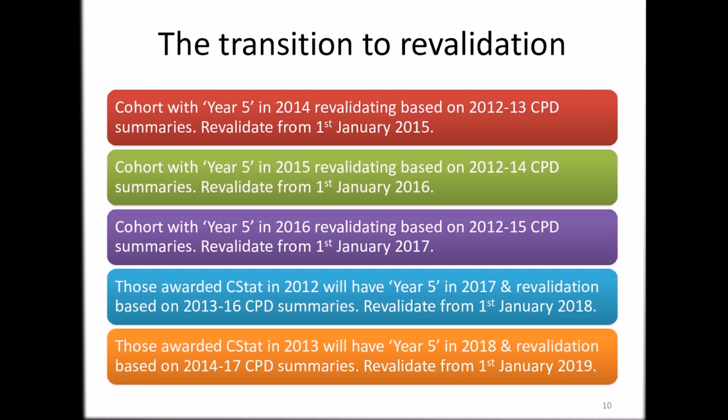And those awarded CStat in 2013 will undergo their revalidation process in 2018. They have a revalidation date of the 1st of January 2019. So that's the final panel here.